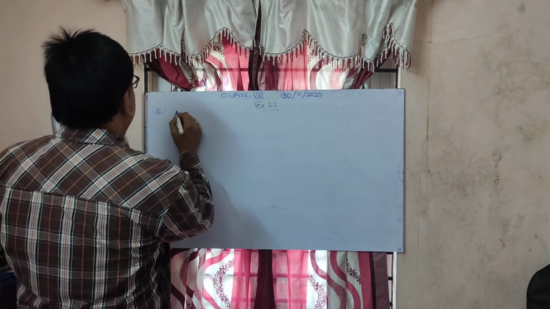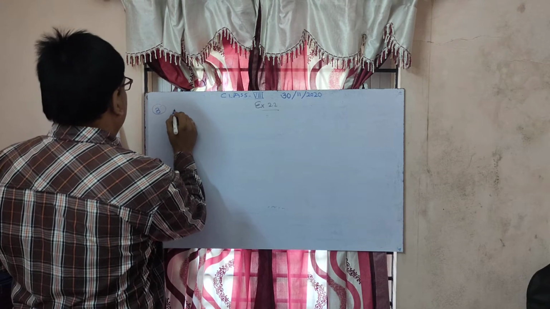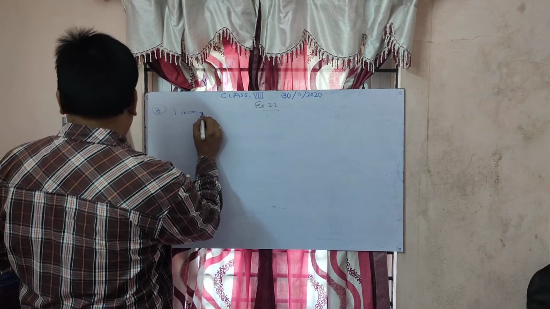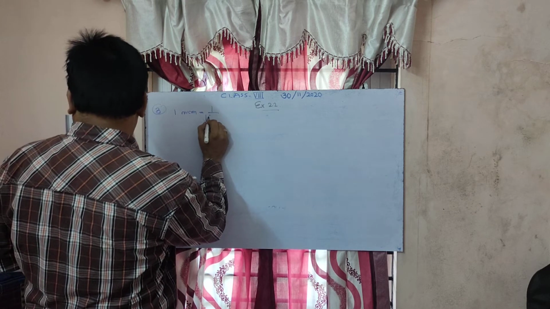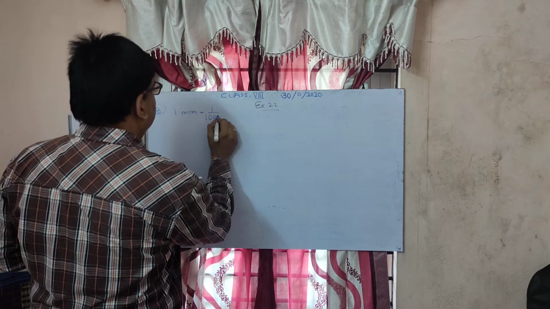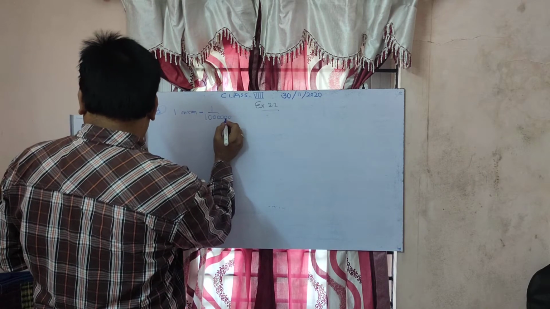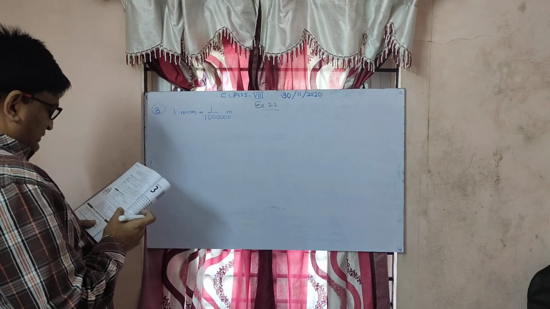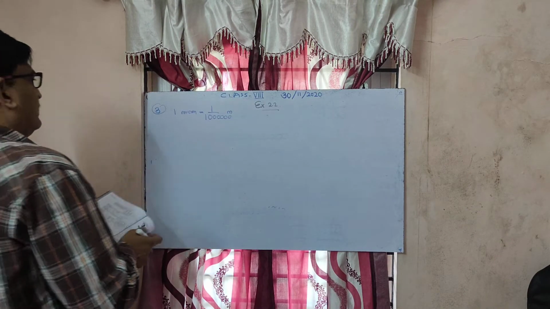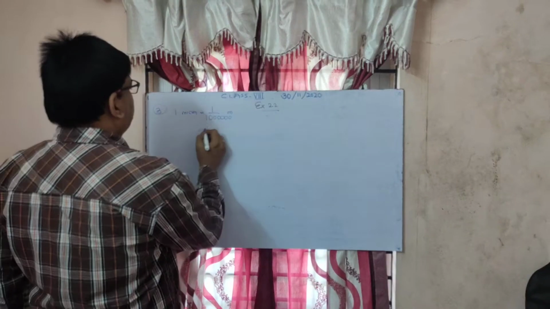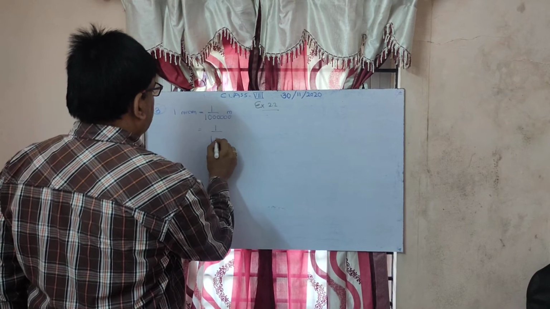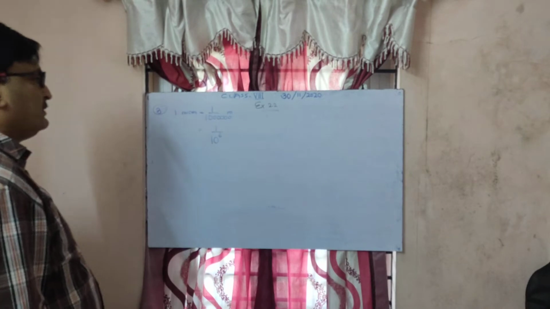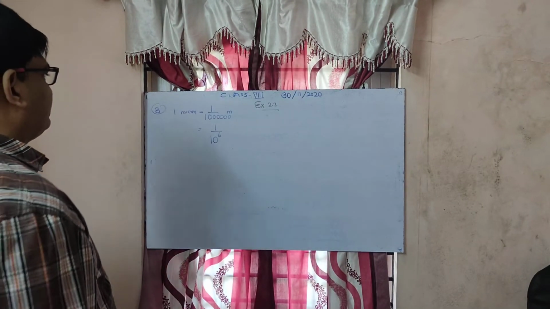So now, 1 micron is equal to 1 upon 1000000 micron. There are 6 zeros. Now how can you write this as 1 into 10 to the power? How many zeros are there? 6 zeros, 10 to the power 6.